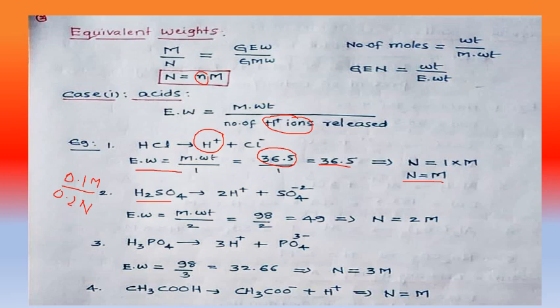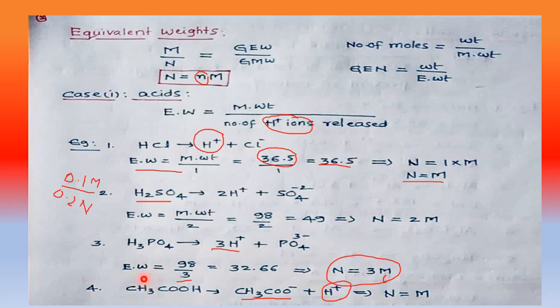H3PO4. For the case of H3PO4, how many H plus? 3. So divide by 3, then N equals 3M, or M equals N by 3. For CH3COOH, acetic acid, it gives CH3COO minus plus H plus, only one H plus. Most students generally count these other H's also.